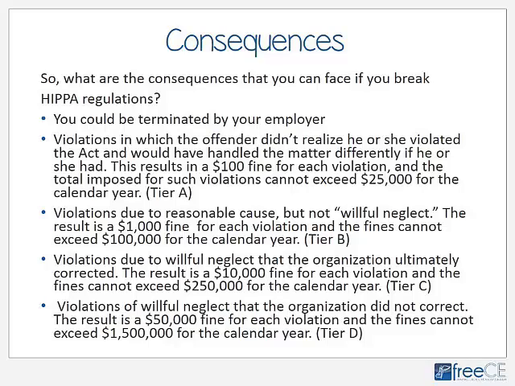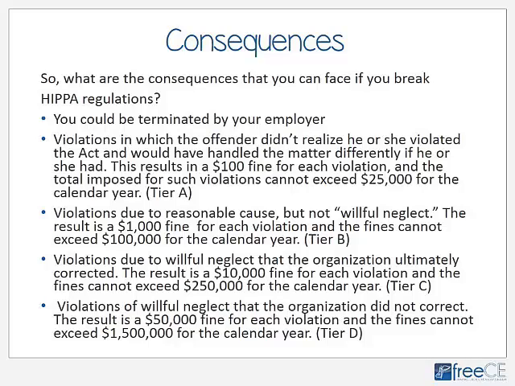In tier B, the violations due to reasonable cause but not willful neglect, the result is a $1,000 fine for each violation, and the total fines cannot exceed $100,000 per calendar year.